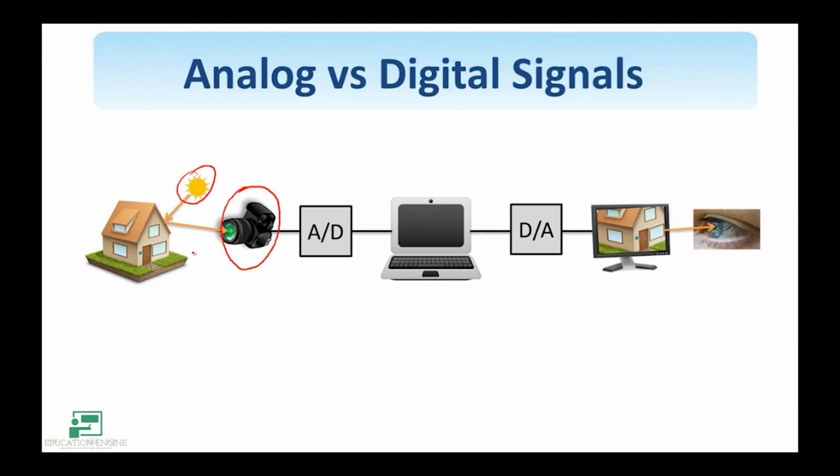So again, my objective here is to process the image by digital computer, and therefore I have to convert my analog image to a digital one through this A to D block. In this particular case, I can use a densitometer that measures the concentration of these silver halide grains on the film, or a scanner to end up with a digital image.